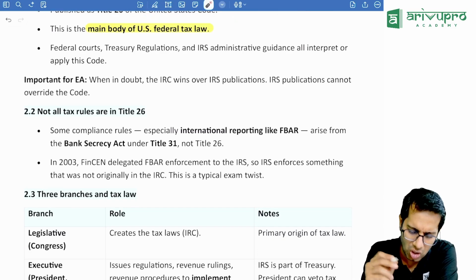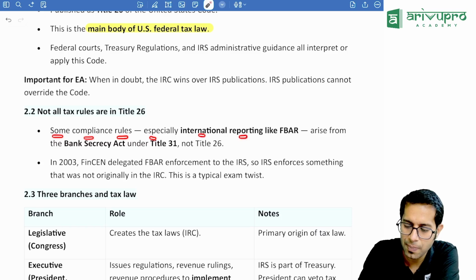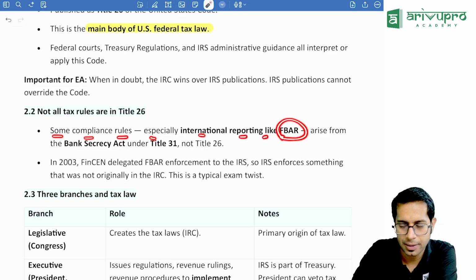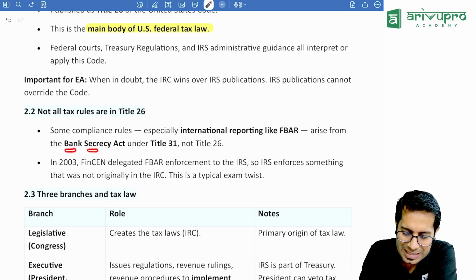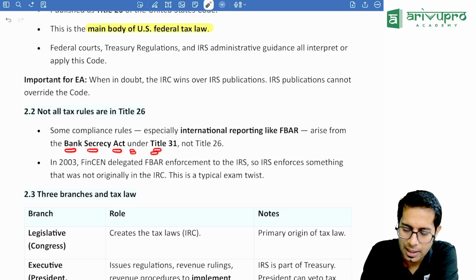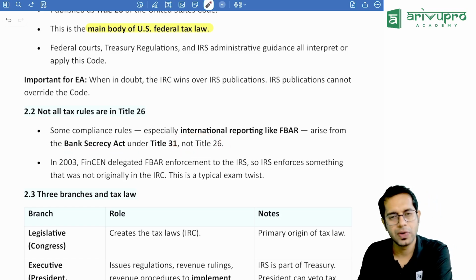That is very normal. Some compliance rules, especially international reporting like FBAR, arise from the Bank Secrecy Act under Title 31 and not under Title 26.